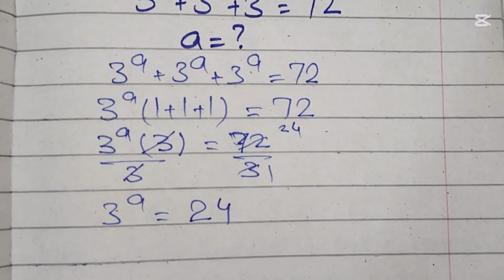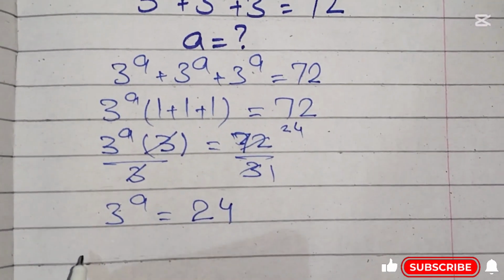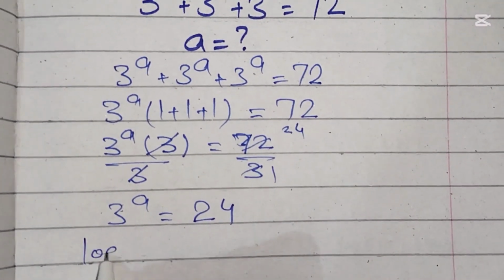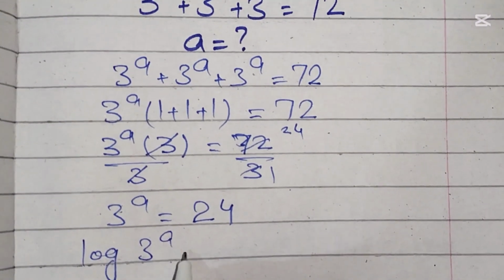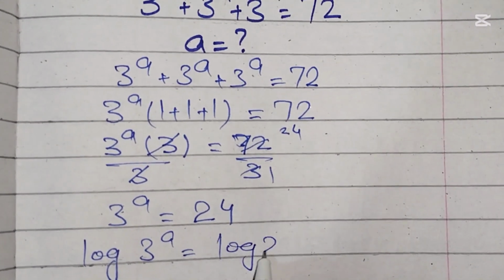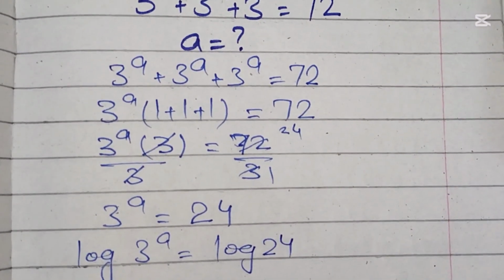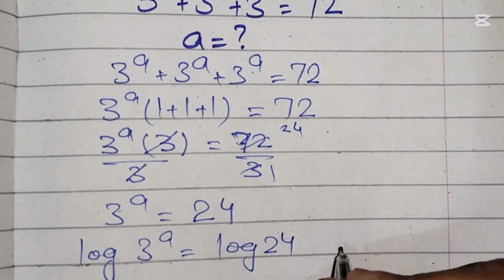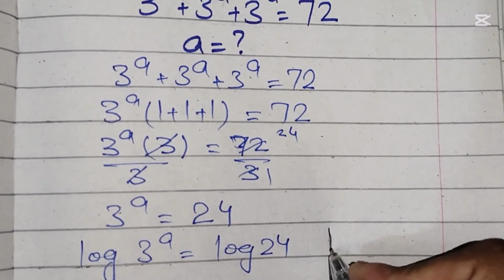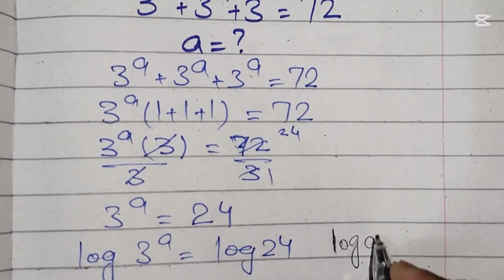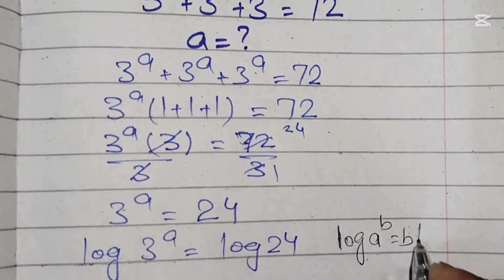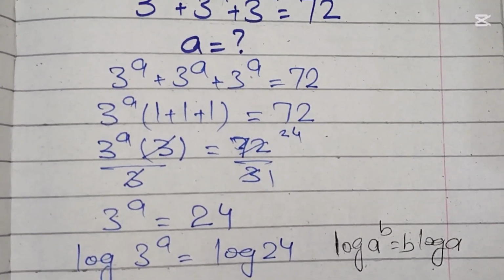Now here we will take the log with the base 10 on both sides. Log of 3 raised to power a equals log of 24. We will use the formula log of a raised to power b equals b times log of a.